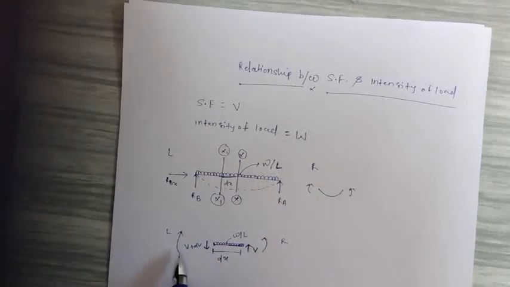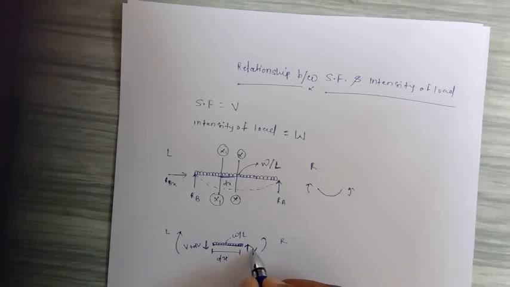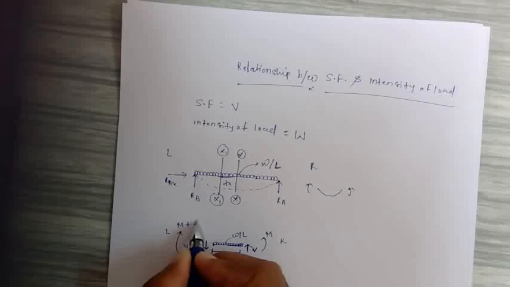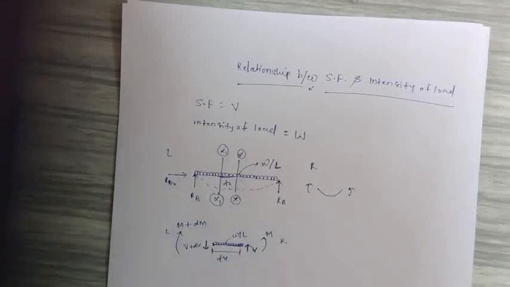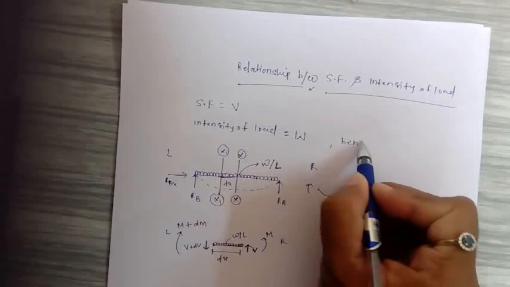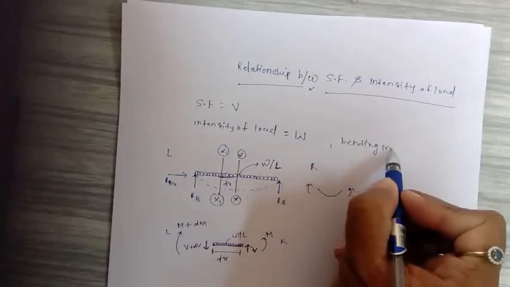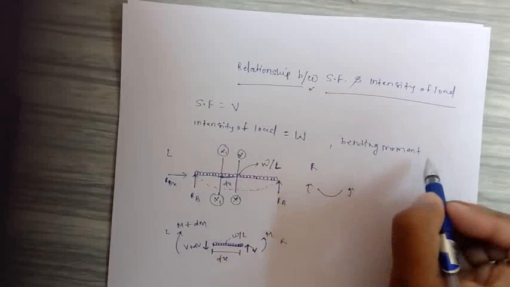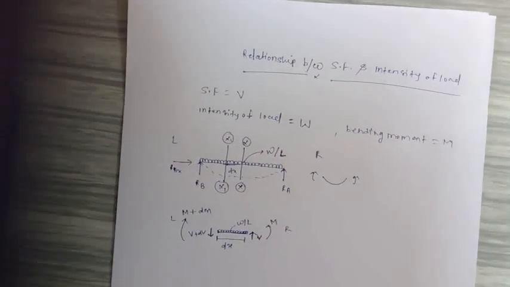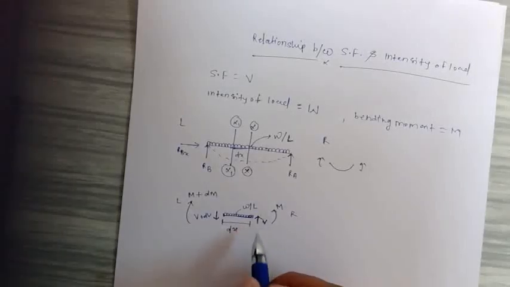A similar pattern I am writing here: since it is shear force V, the bending moment I am writing as M, and over the small distance dx the bending moment will be M plus dM. There may be small changes. The bending moment symbol will be M. So this is the bending moment and shear force.